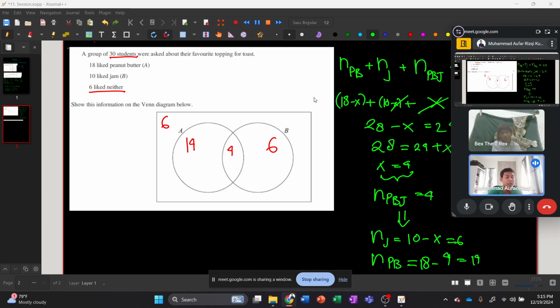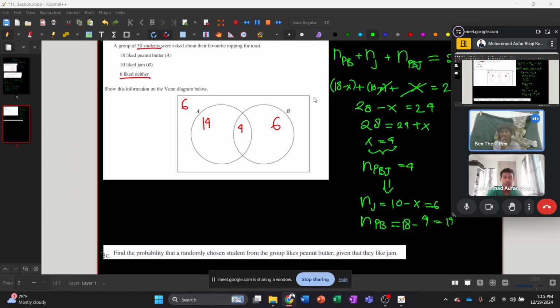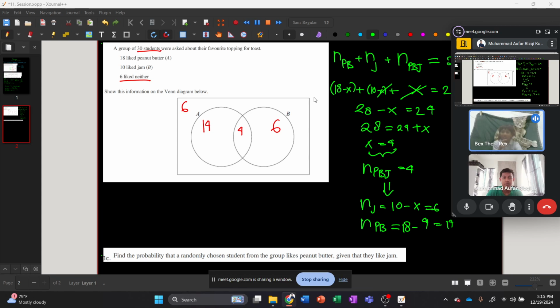What is the 100% here, Bex? Who's the 100% in this context? I thought it was 18, because we want to know the percentage of getting X in the group of 18.